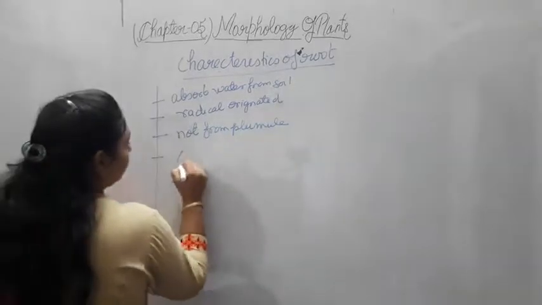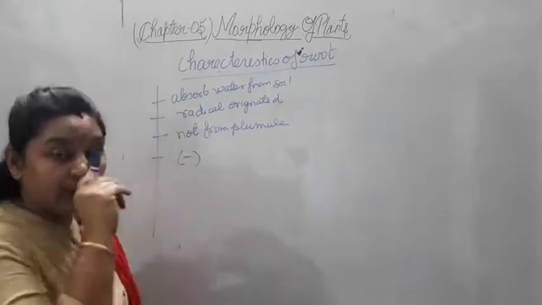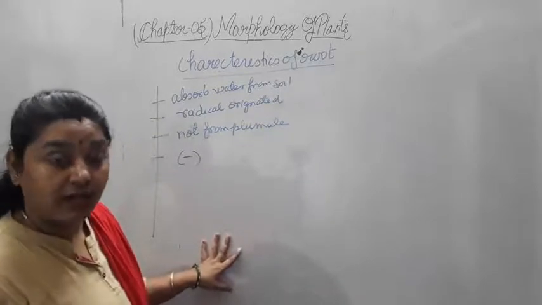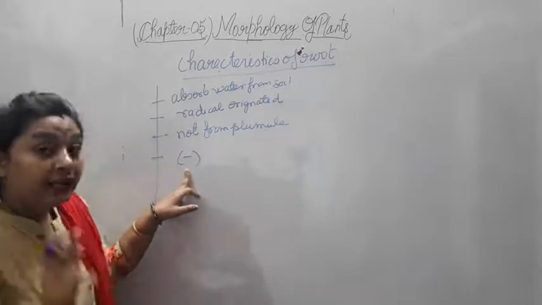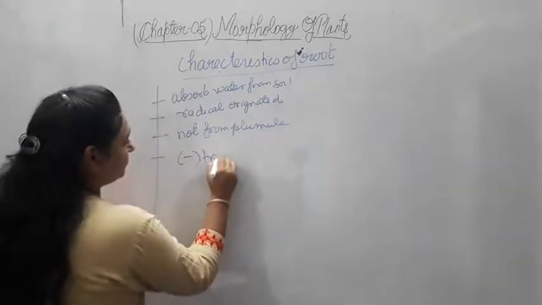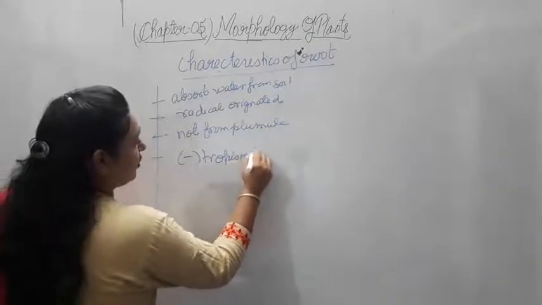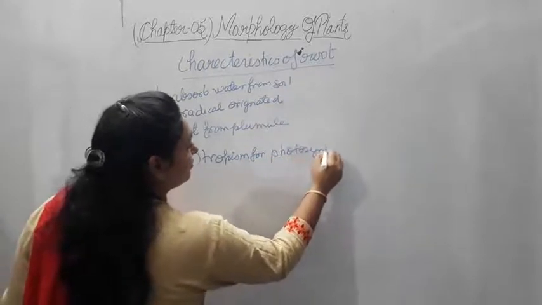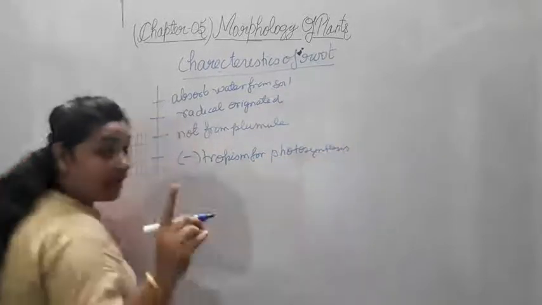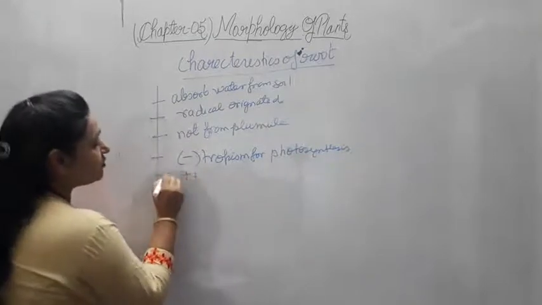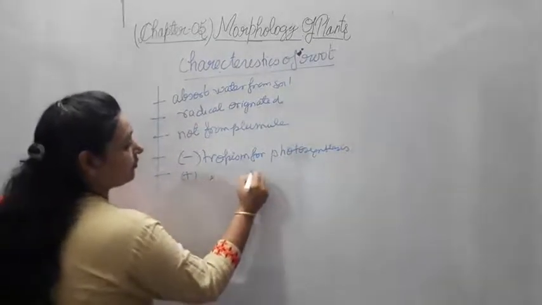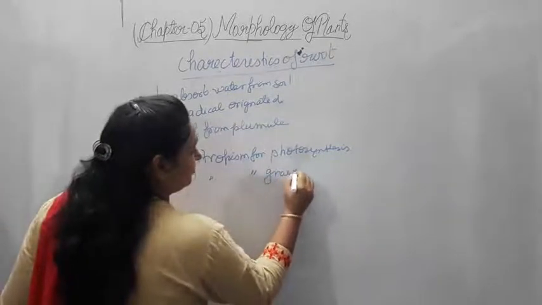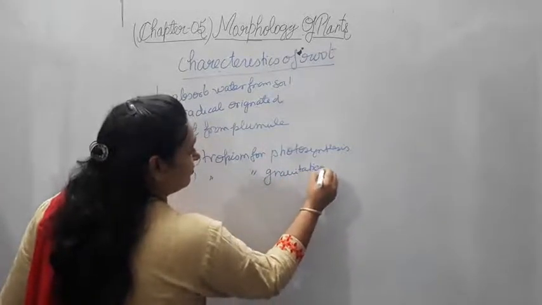If you remember in your previous class, you have studied about positive and negative tropism, right? So they show negative tropism for photosynthesis, and they show positive tropism for gravitation, right?